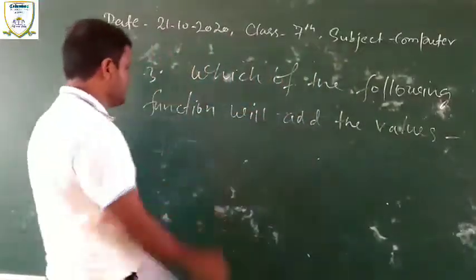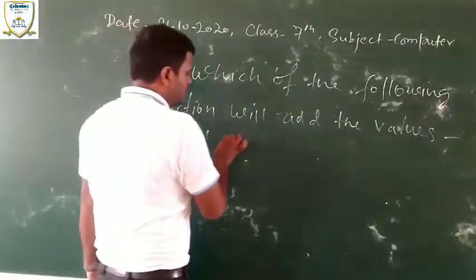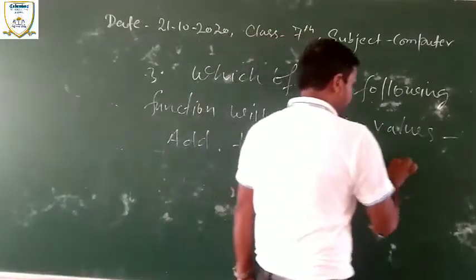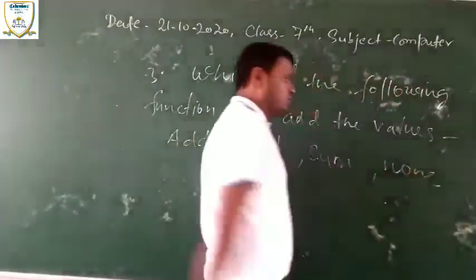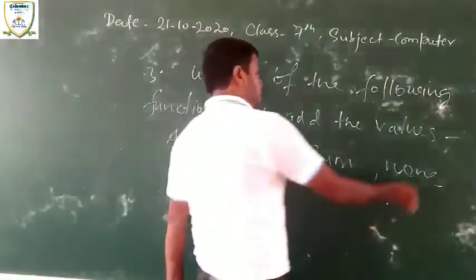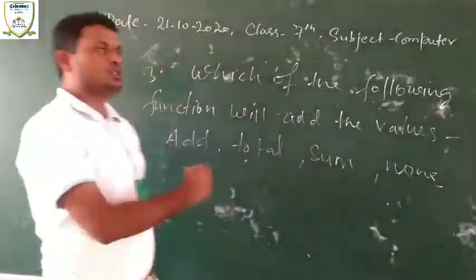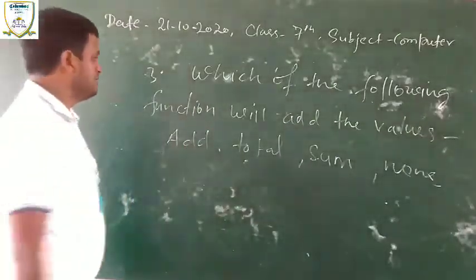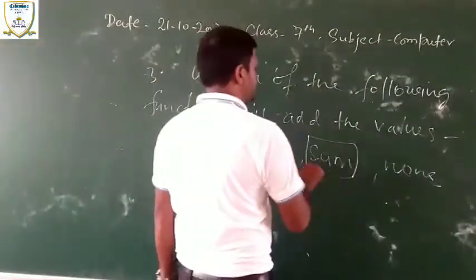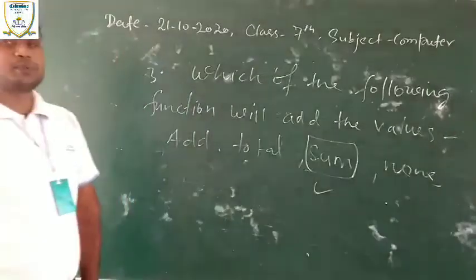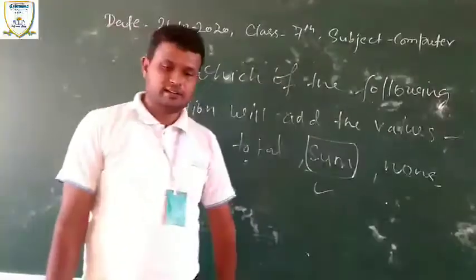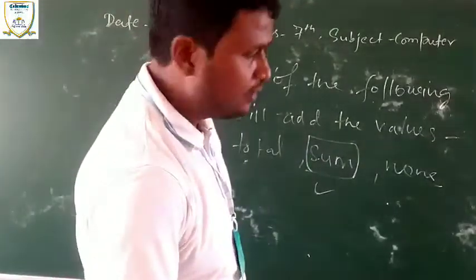I gave some examples: add, total, sum and none. You have to tell me which option you use to add the values. I think everyone has got the answer. The answer is sum. Sum is the function by which we add the values in Excel. Absolutely right answer, beta. Next.